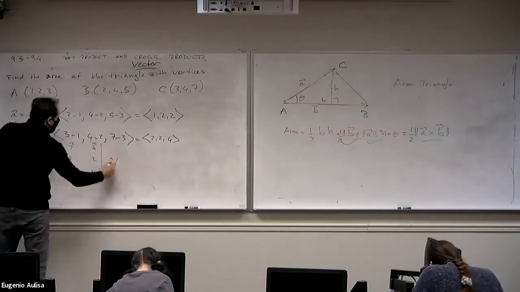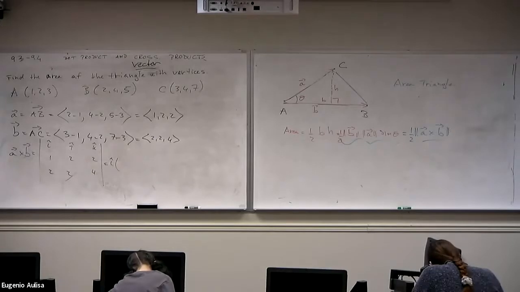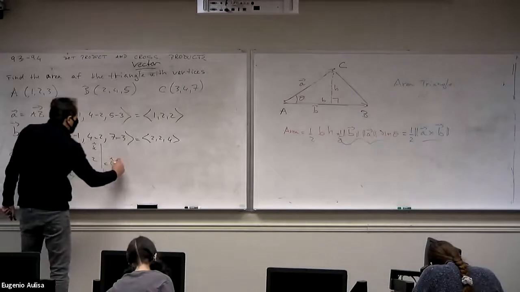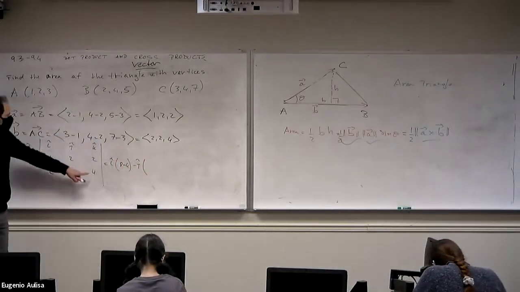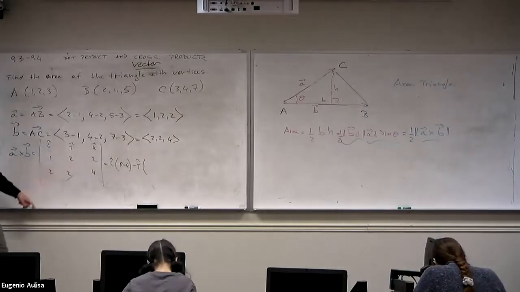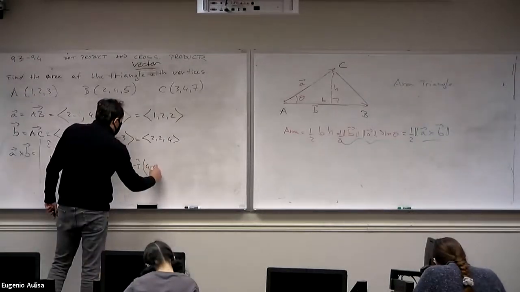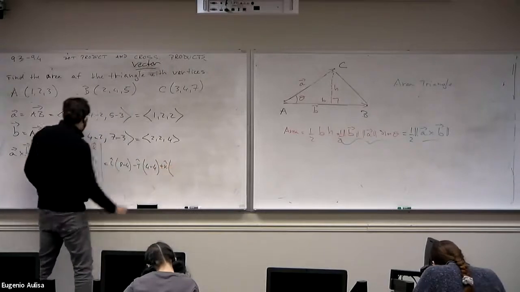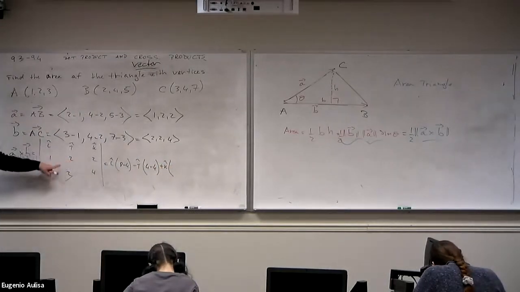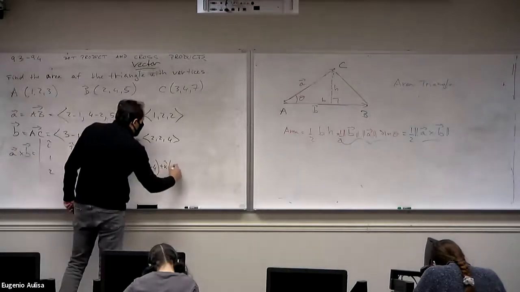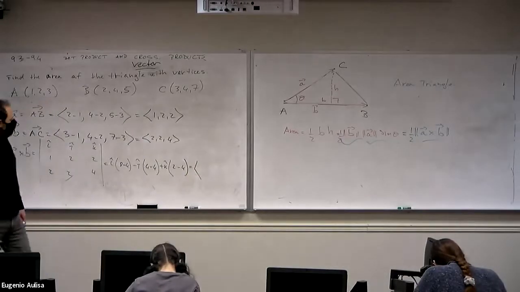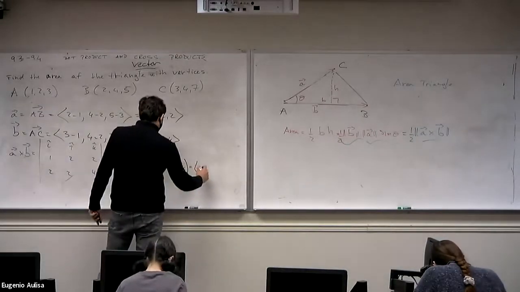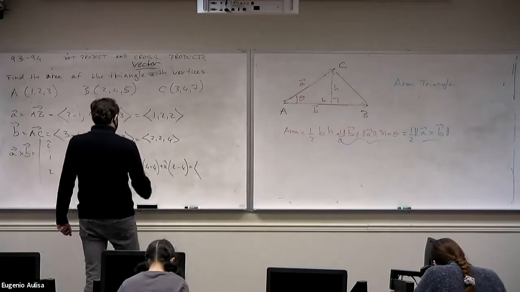So it's going to be I, which multiplies 8 minus 4, minus J multiplies 4 minus 4, plus K that multiplies 2 minus 4. So it's the vector with components 4, 0, -2.